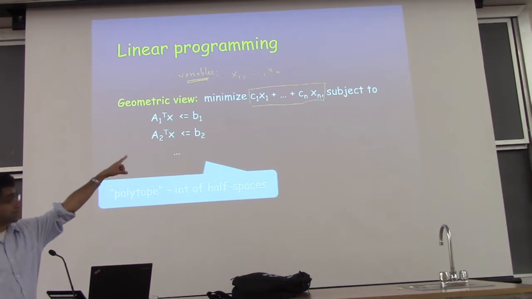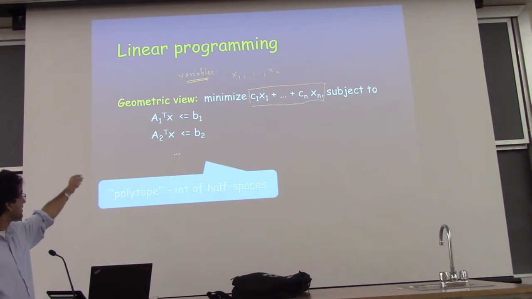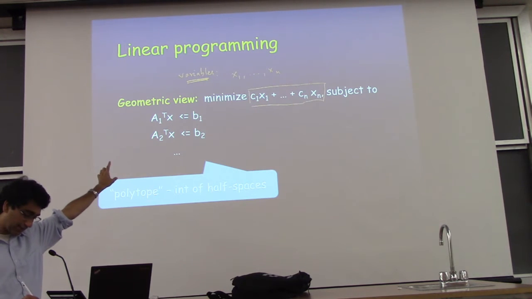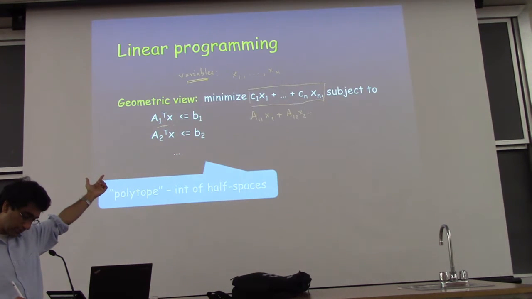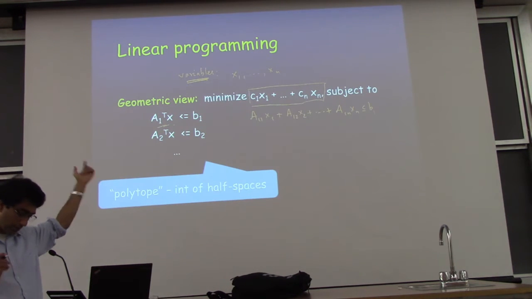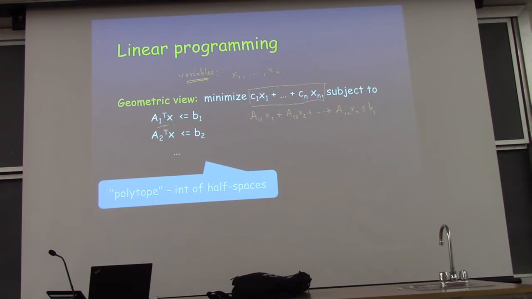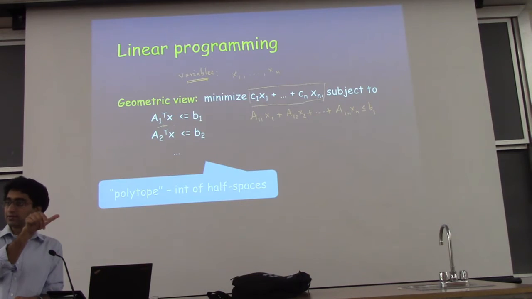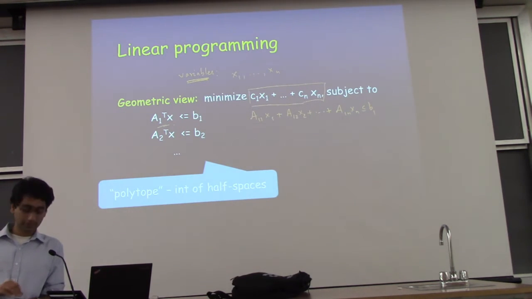Then your objective looks like this, and all your constraints look somewhat like this, right? I've written this in vector notation, but what this actually means is the constraint looks like a11 x1 plus a12 x2 and so on. So the left side is a linear function, and you have less than or equal to something. This is what is called a linear constraint.